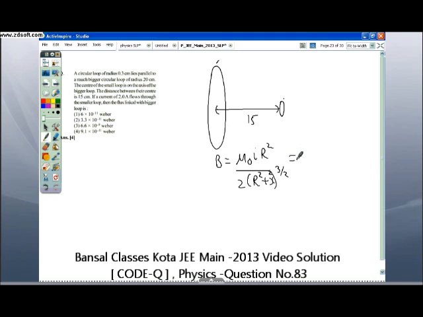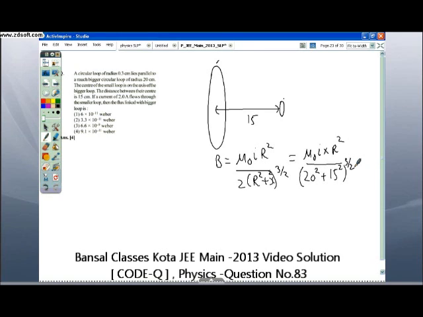That means this will be equal to mu naught I multiplied by R square upon 2, where R is 20 centimeter, plus X square, where X is 15 centimeter, the whole square, whole to the power 3 by 2.